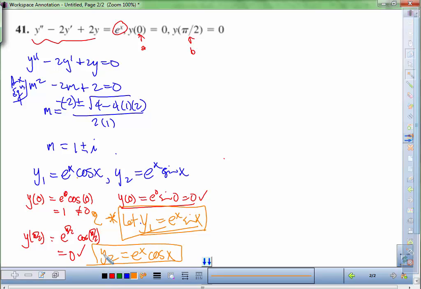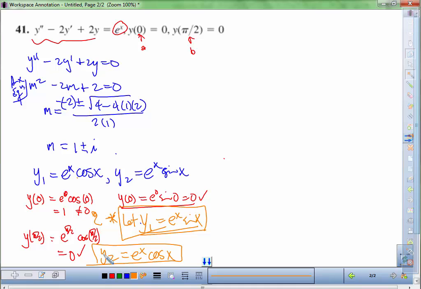So because of those boundaries, and because of the fundamental solutions that we got that need to satisfy those boundaries, we just have to do a quick check to identify which one is our appropriate y1 and y2. We good?